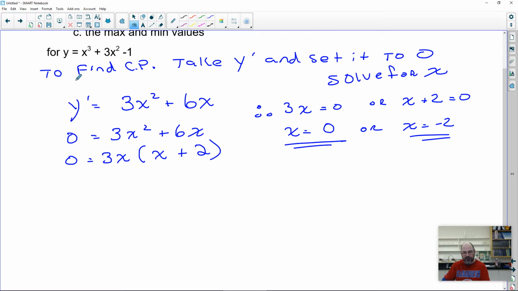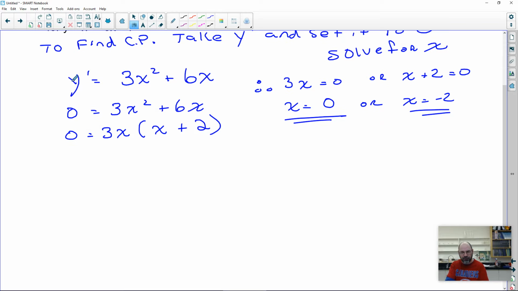So how we find the areas of increase and decrease is we do something called sign analysis. So sign analysis, oops, I spelled that wrong.